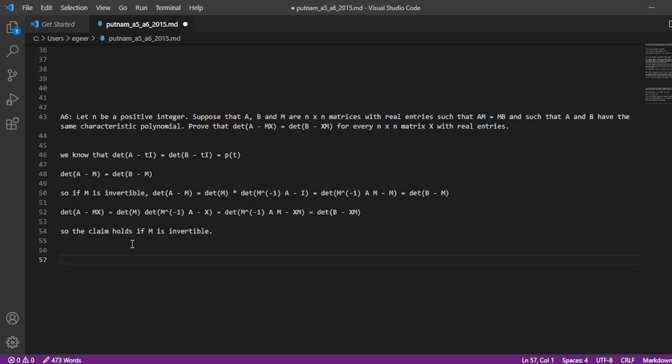I'm just stuck at linking the characteristic polynomial to the problem. I just can't think of an idea to link it.